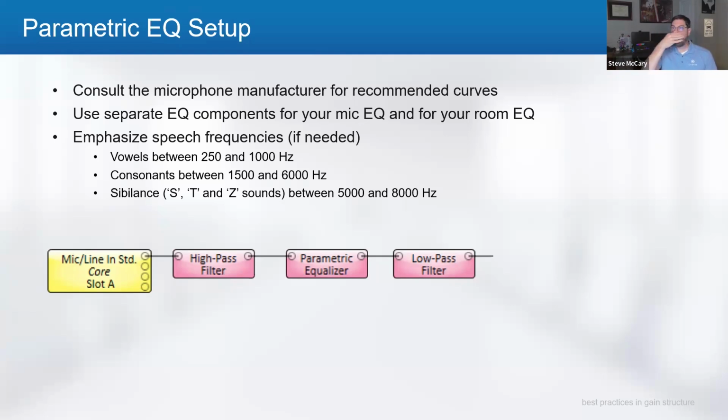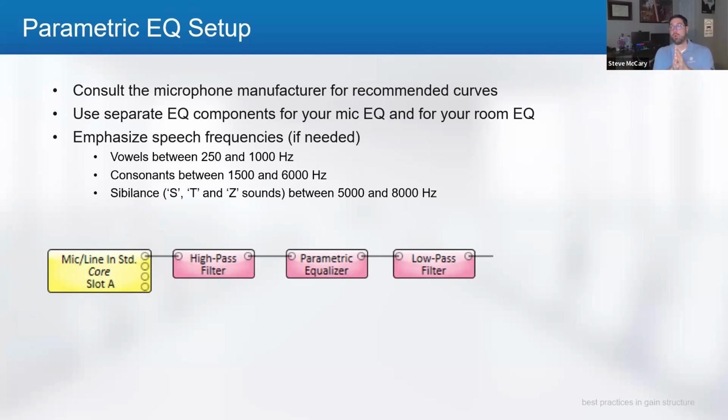So this is a good chart to use when you are trying to hone in on intelligibility. It is not universal, because obviously some people have deeper voices like I do, some people have higher voices.